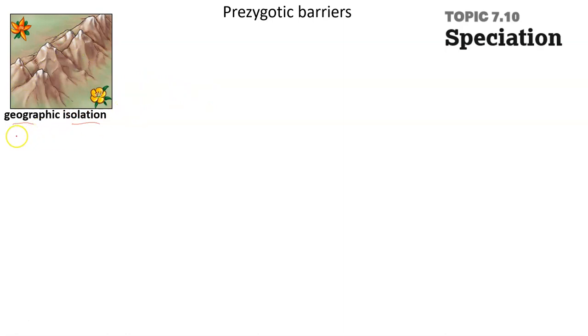Also called allopatric speciation. Allopatric speciation is pretty much the same thing as geographic isolation. It is organisms being separated by a barrier, a physical barrier, and not allowing them to interbreed.